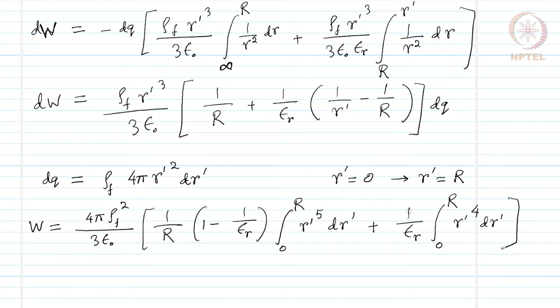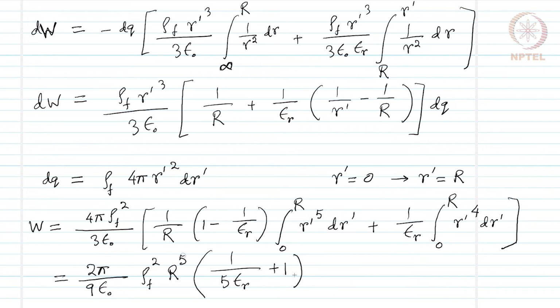This is the total work done, and that gives us 2 pi over 9 epsilon naught rho_f squared capital R power 5, 1 over 5 epsilon_r plus 1, and that equals W2.